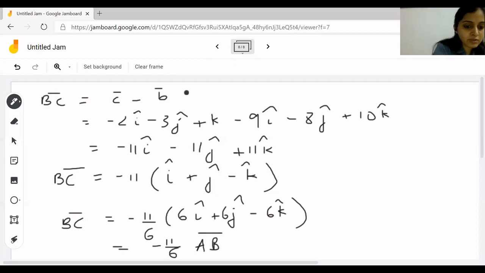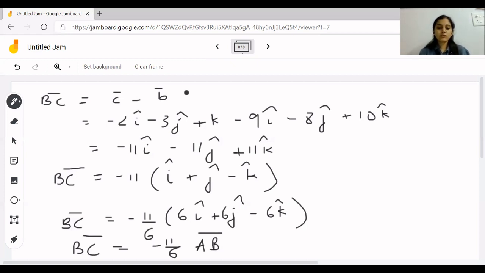That means I have expressed one vector BC as a scalar multiple of the other. So BC is a non-zero scalar multiple of AB. Therefore, they are parallel to each other. And if they are parallel, then what can we say about the two vectors? That they are collinear. Also, one more reason you can give is that B is a common point between both the vectors, and therefore A, B, C are collinear.